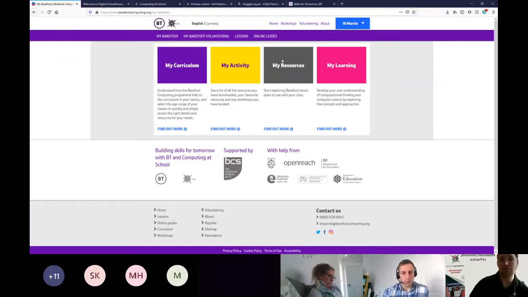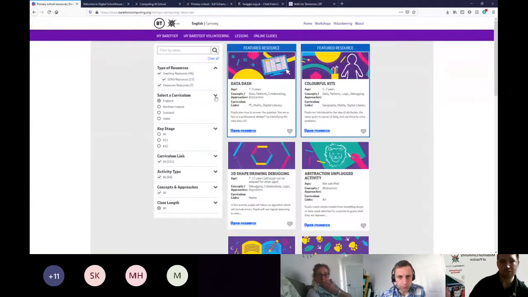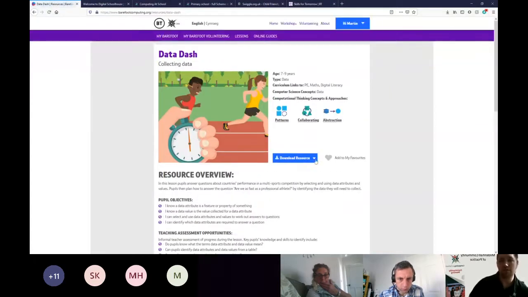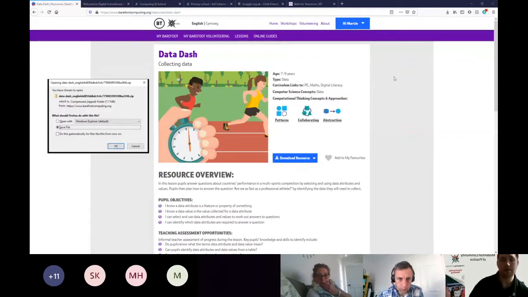As for the resources, if you head into the resources section, you can search for various bits, whether it's Key Stage 1 or Key Stage 2. When you go into a resource, you can download a zipped folder that has everything you need on it.